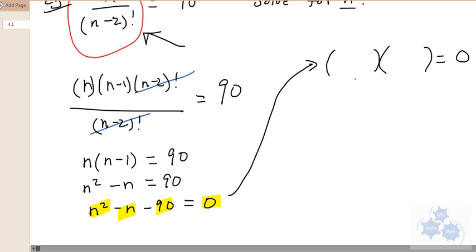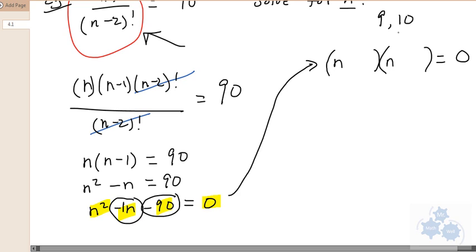So there's going to be maybe 2 answers here. All right? So n squared minus n minus 90. So what you need to do, and we did this in grade 10, for sure. So you have seen this before, but what number multiplies to negative 90 and adds up to negative 1? So you want to think about the factors of 90. The first one that comes to me is 9 and 10.